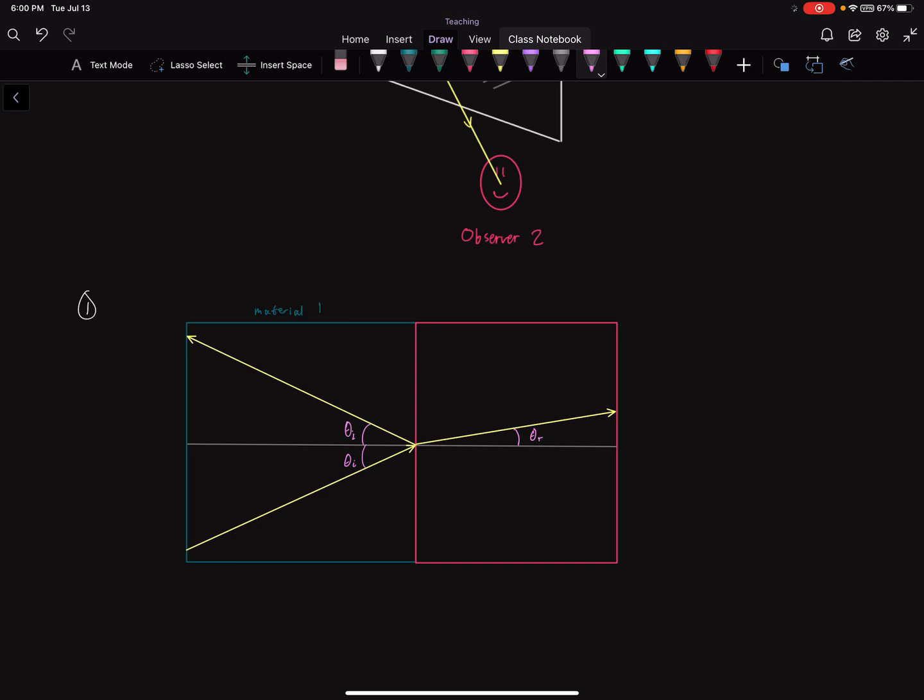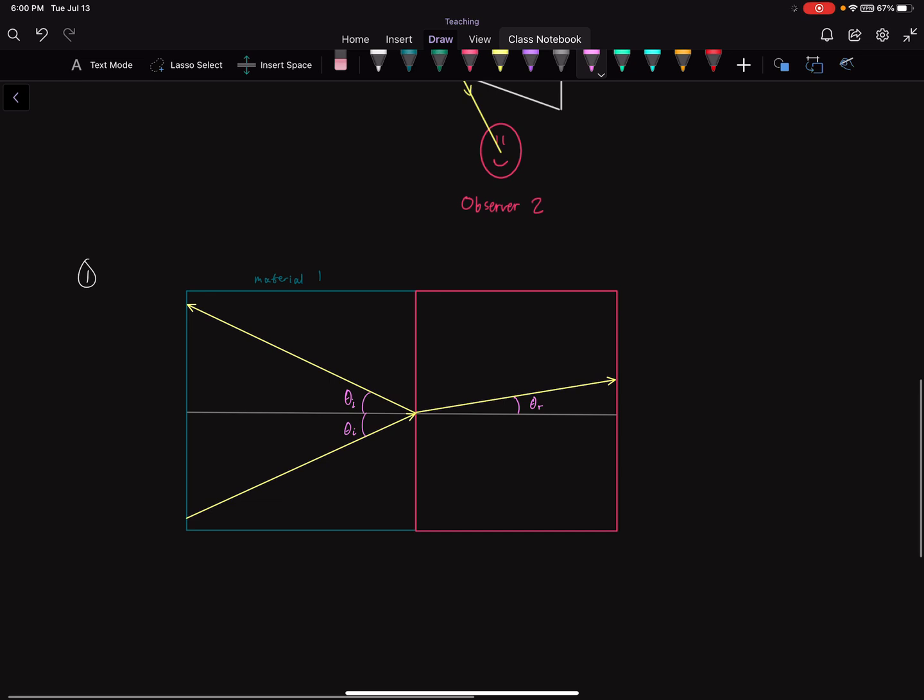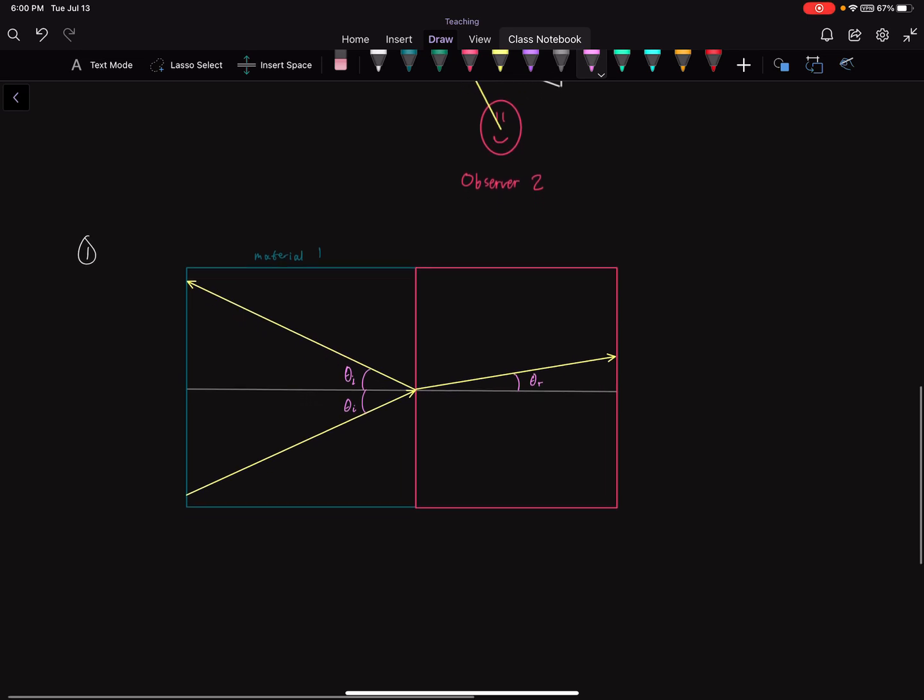So I'll read the statement again while you look at this image here of the reflected and refracted ray. The incident, reflected, refracted rays, and the normal to the surface all lie in the same plane. Right, so nothing's coming into or going out of the page. They're all in the same plane of this page of your screen. All right, so that's statement 1.